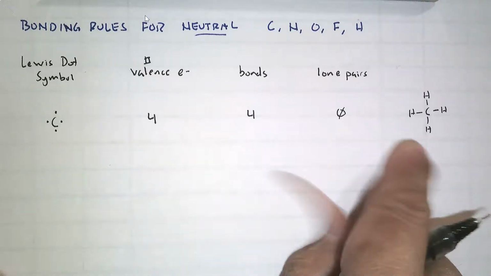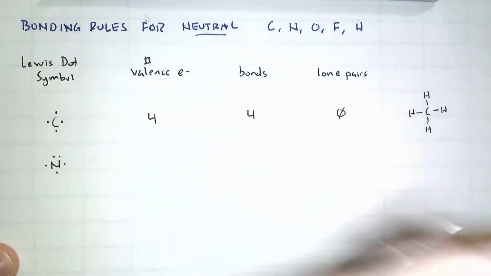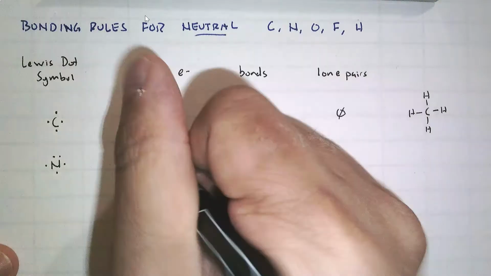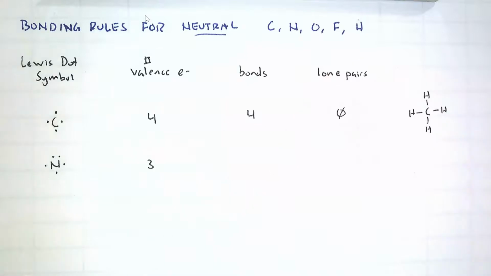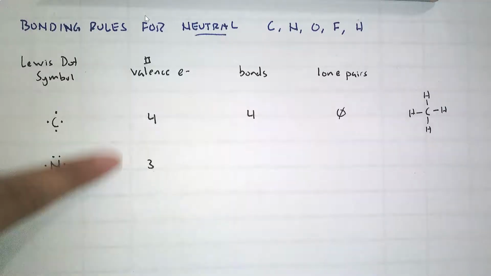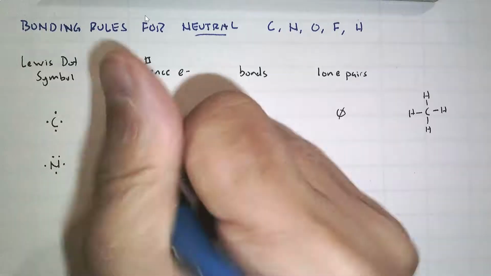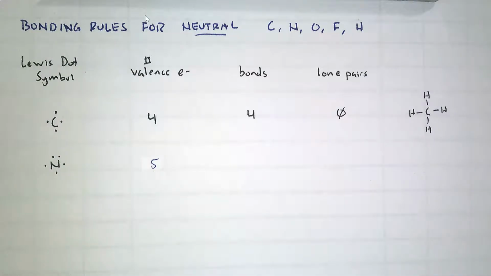Next, nitrogen. I'll go through this a little bit faster, but look at your notes. How many bonds did nitrogen have when it's neutral? 3. Whoops, that's not the bonds. This column is the valence electrons: 5 valence electrons. How many bonds?